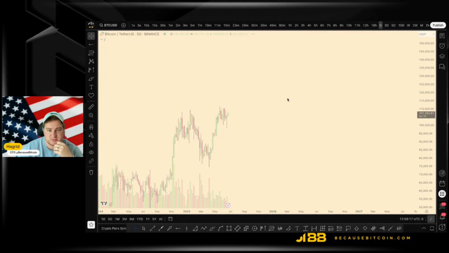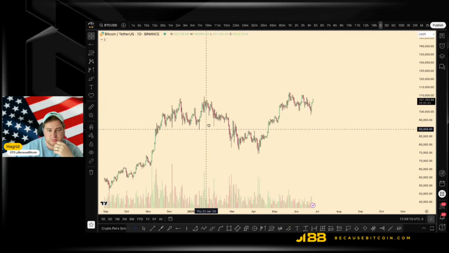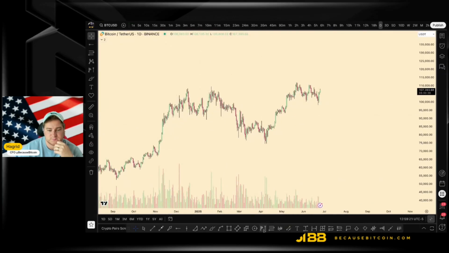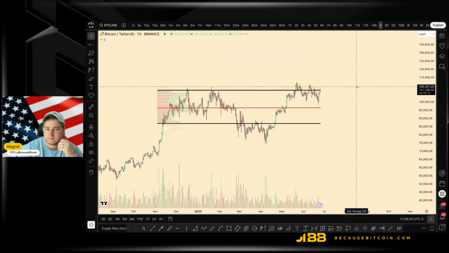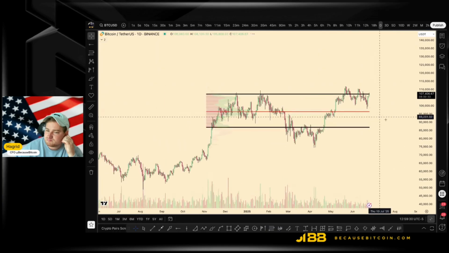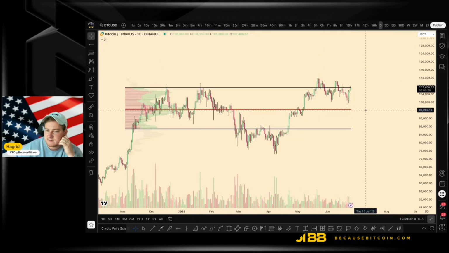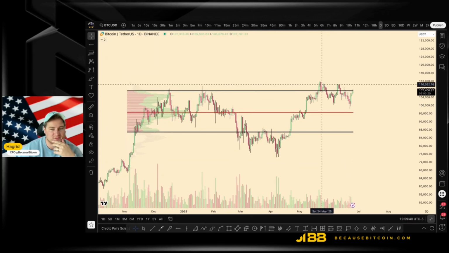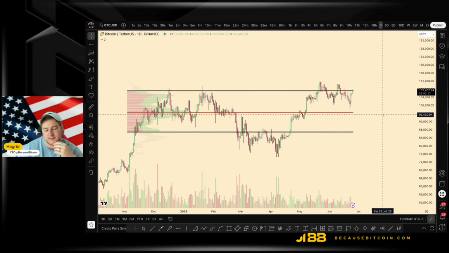Let me get this whole range. Don't hate that either. Obviously, the most volume's been done at 96K. But I don't hate this little falling wedge that we're putting in. So yeah, I am mid and high time frame bullish on Bitcoin.